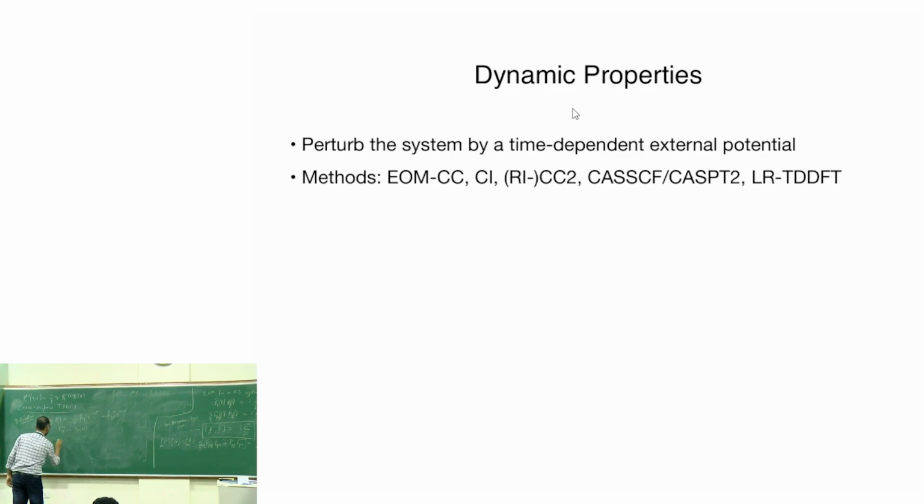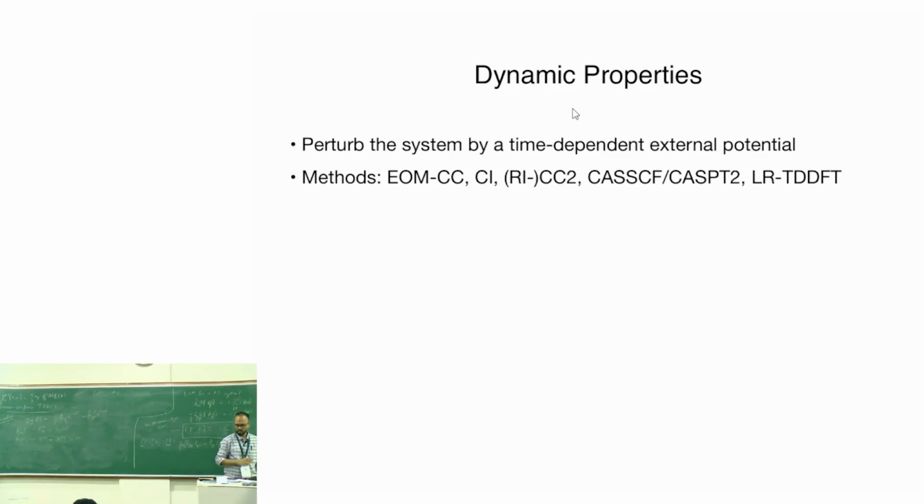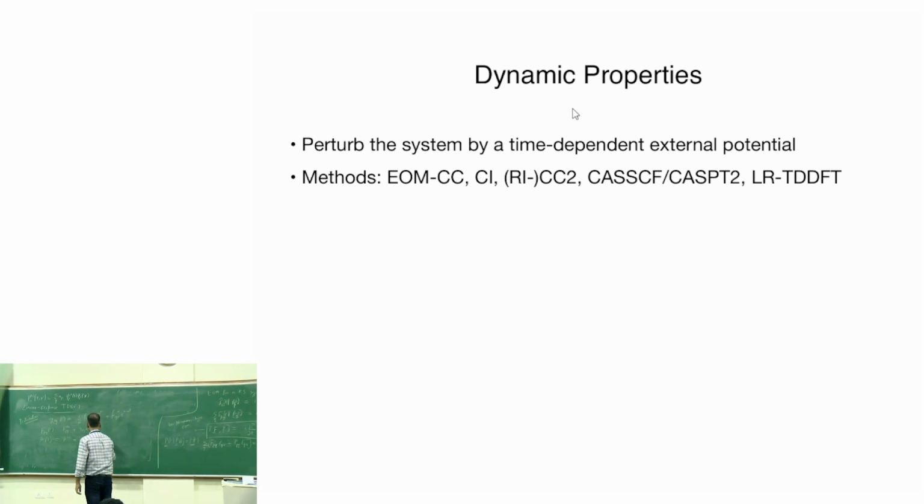Once I add this perturbing potential to my system, I'm going to expand my density matrix as some P0 plus some P1, which is time dependent, and so on and so forth. So that would be my time dependent evolution of the density matrix. Is this okay?